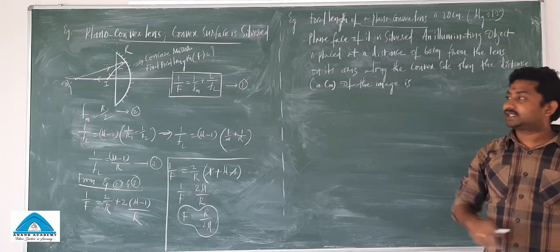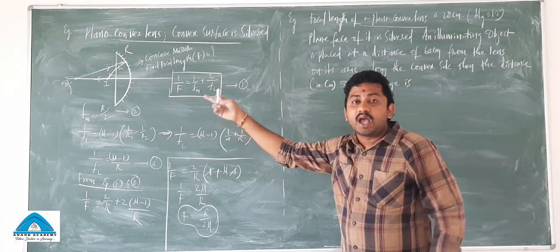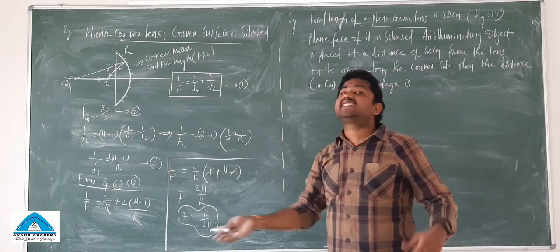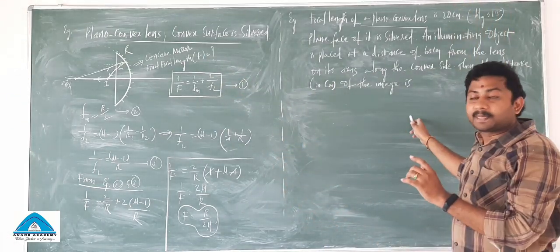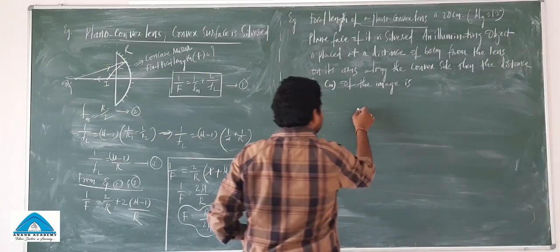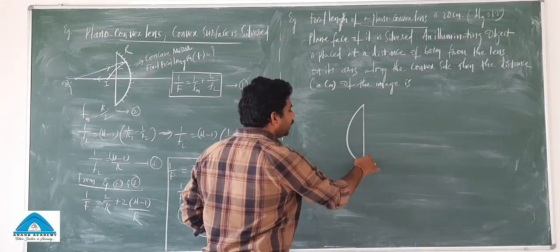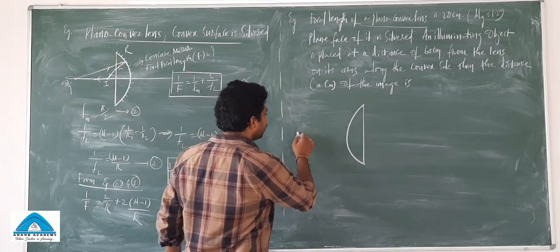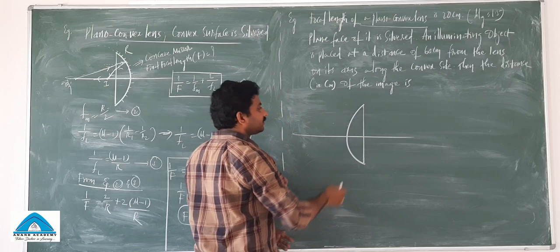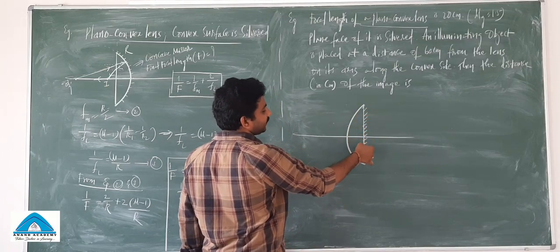So this is interesting. Here, the same plano-convex lens, earlier the curved surface was silvered, but here the plane surface is silvered. See the interesting thing. This is a plano-convex lens, this is the principal axis, and here the plane surface is silvered.